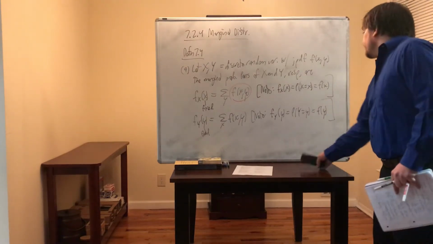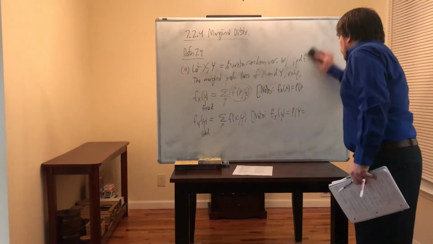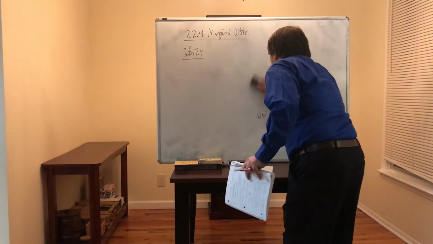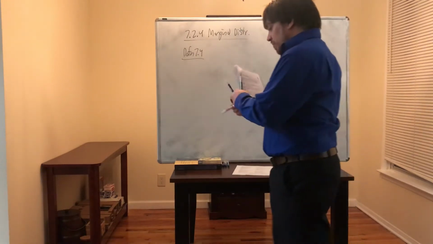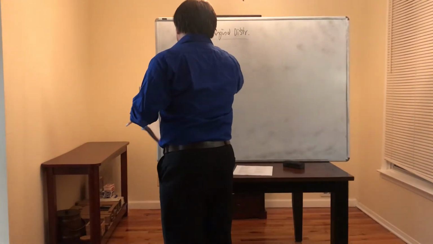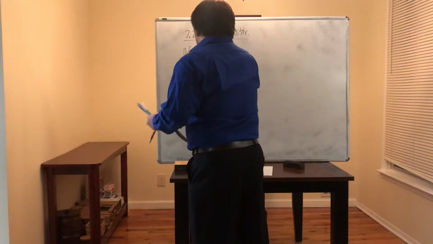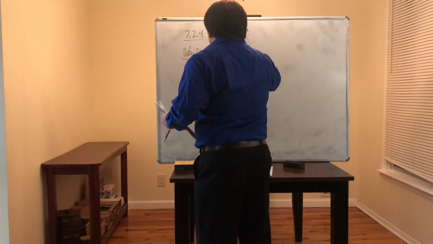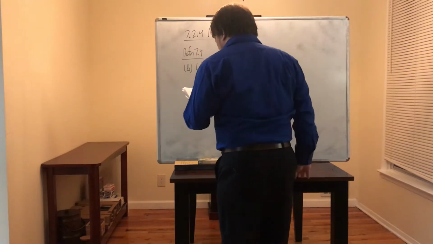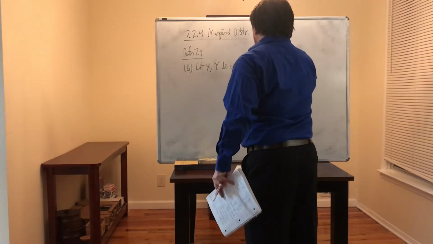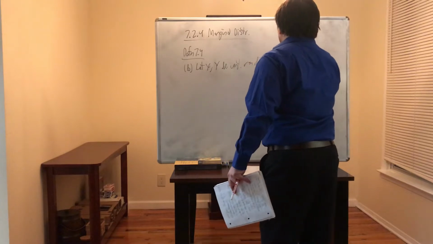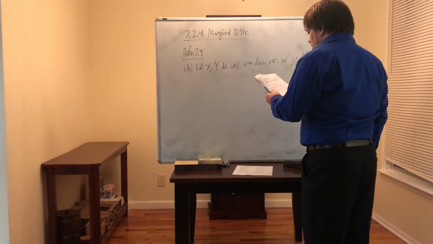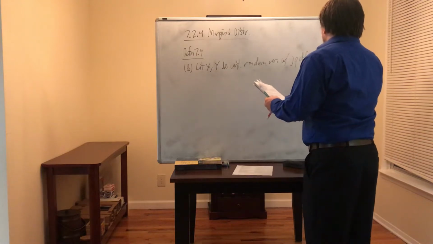Part B. Let X, Y be continuous random variables with joint probability density function, JPDF, f of x comma y.